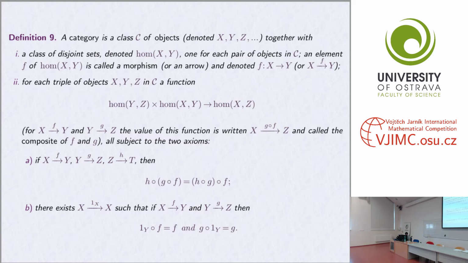Essentially, for every two objects, we consider the set that we denote by hom of x, y, which is assigned to any pair of objects. An element of this set will be called a morphism, or an arrow, which is maybe a better name if you want to free yourself from thinking of morphisms as functions, and will be denoted by the function symbol.